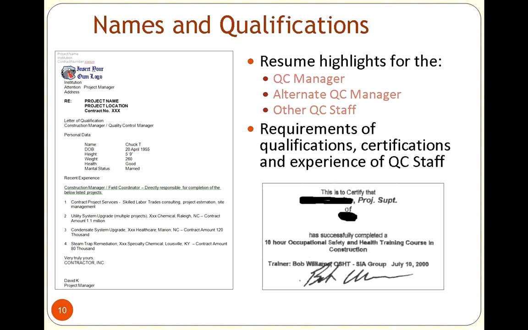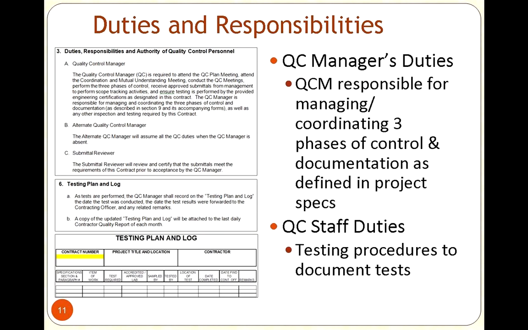What projects had they worked on in the past? Where had they done it? Do they have any certifications or licenses or anything to prove that they've been through some type of training that will be relevant to the job? So trying to make sure we had all of our ducks in a row was one of the big things that was a precursor to the duties and the responsibilities.